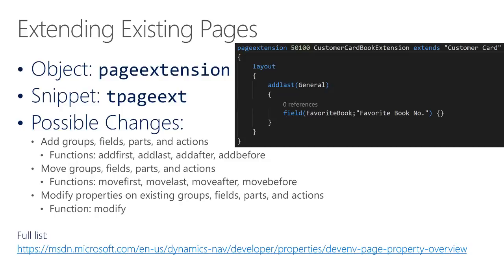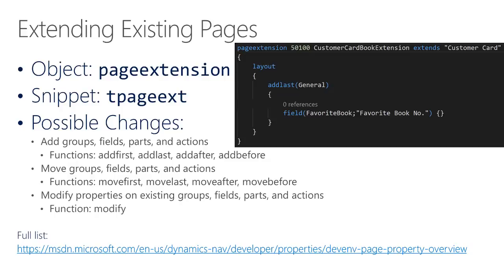What's important is that you have to specify where to place it, so you have to define an anchor. You have the functions add first, add last. Those go into the fast tab, so you specify which fast tab the field needs to go into, and then you say either at the start of that fast tab or at the end of it.